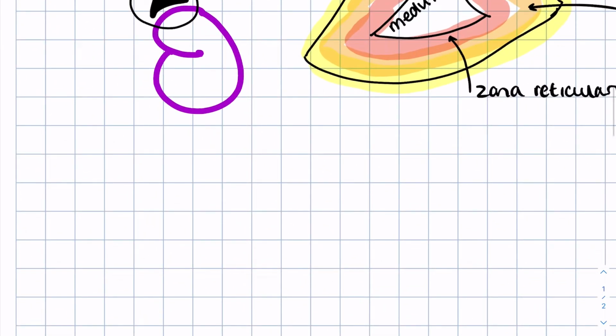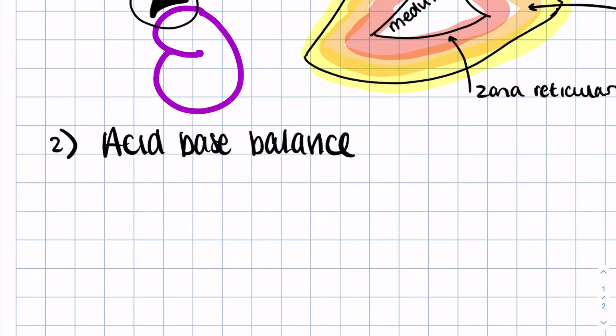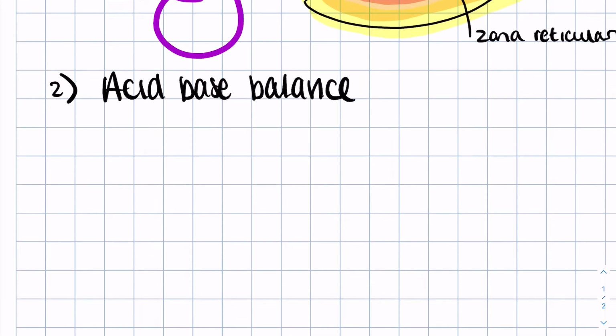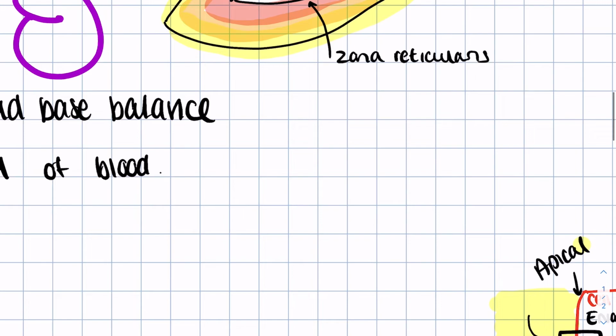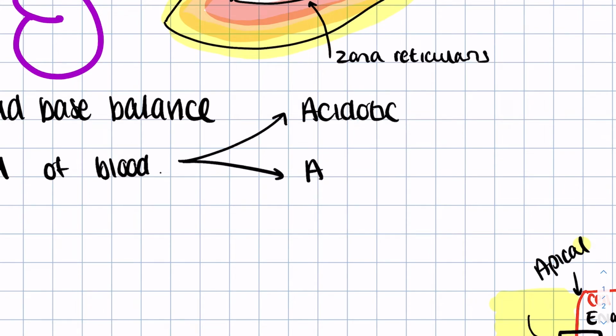The second way is the acid-base balance. So when we say acid-base balance, we basically mean the pH of blood. Okay, so pH can either be low, in which case it's going to be acidotic, or pH can be high and be alkalotic.